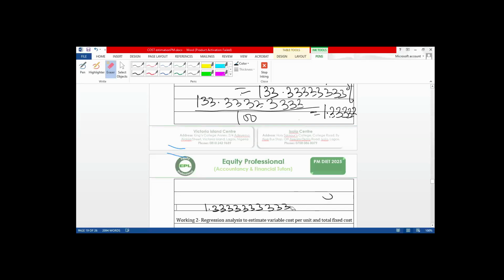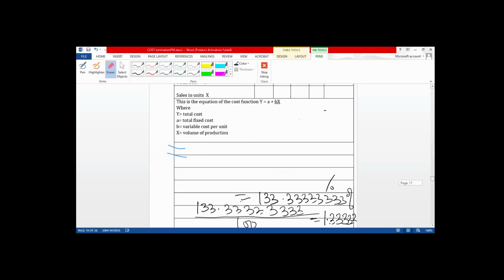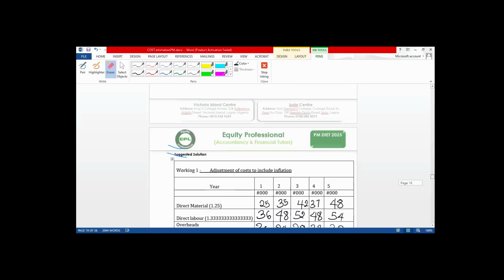From the question, 36. Multiply by 1.333333. That will give you 48. Don't round up. Look at year 3. Multiply the figure by 1.333333. That will give you 52.